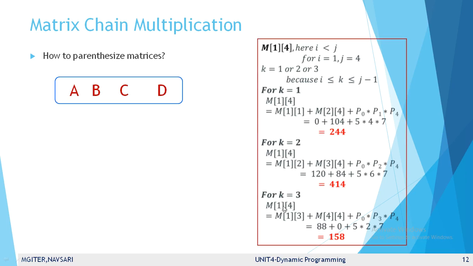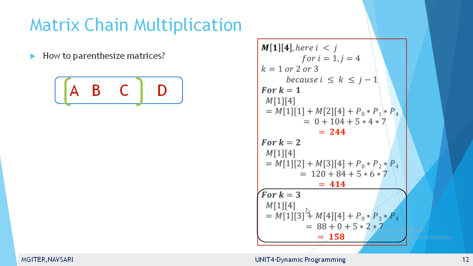The last table entry is M of 1 4, and the computation required is less whenever the value of k is equal to 3. So what is that? First multiply the 1 2 3 matrices, that is A, B and C. Now we multiply A, B and C, which means parenthesize A, B and C, and then M of 4 4.